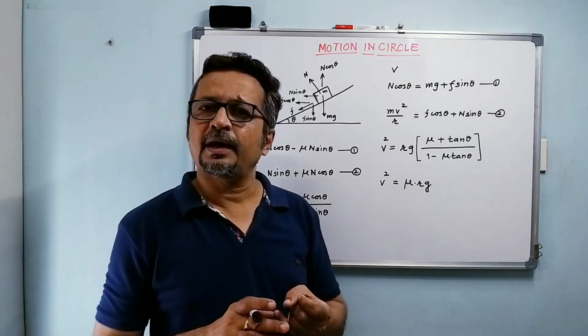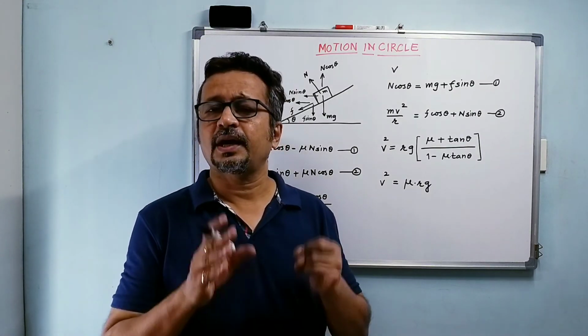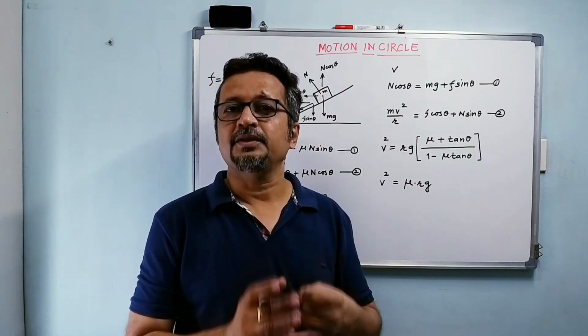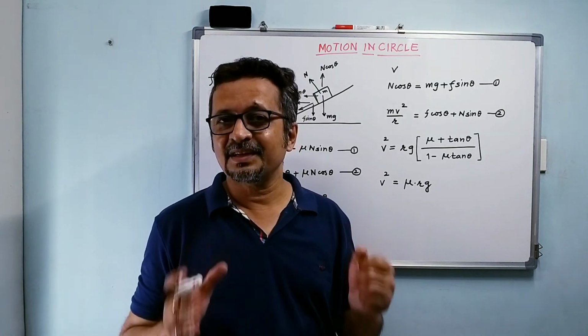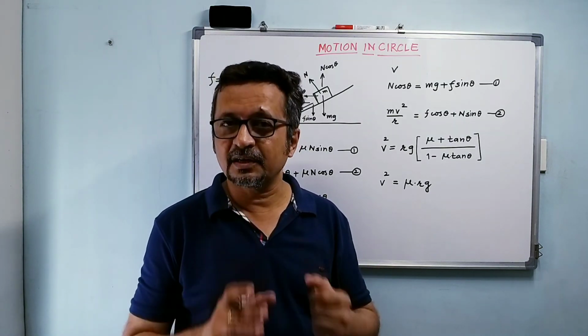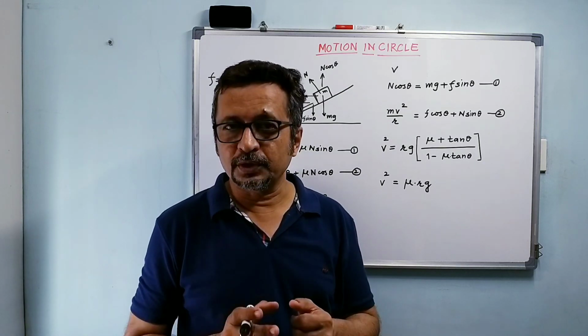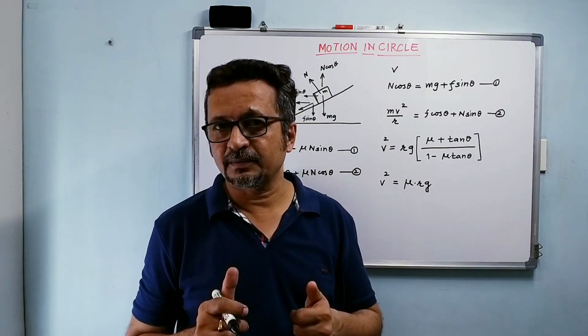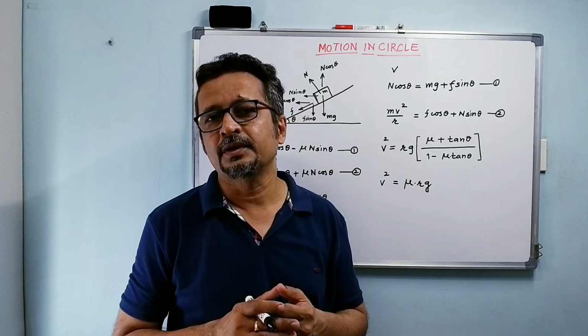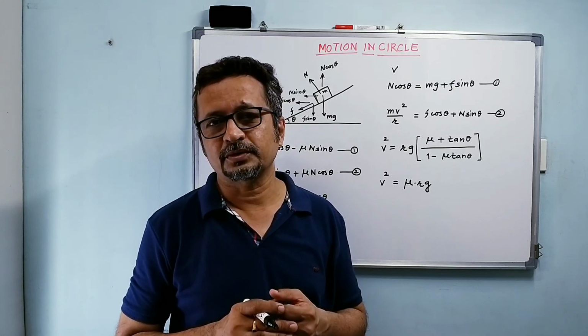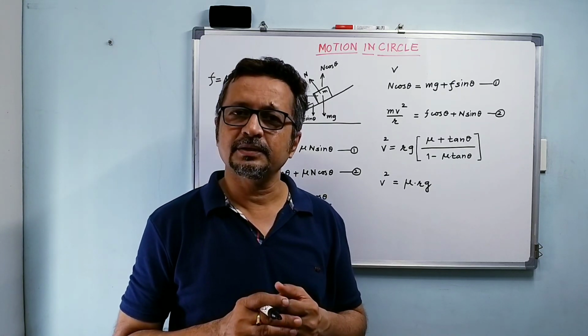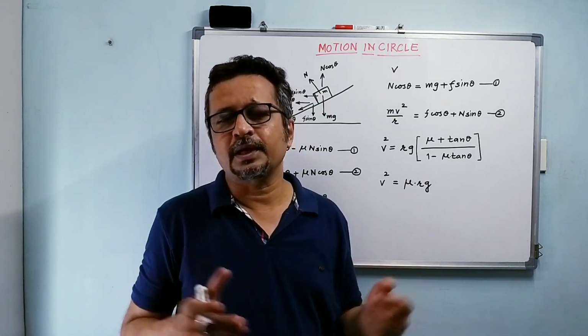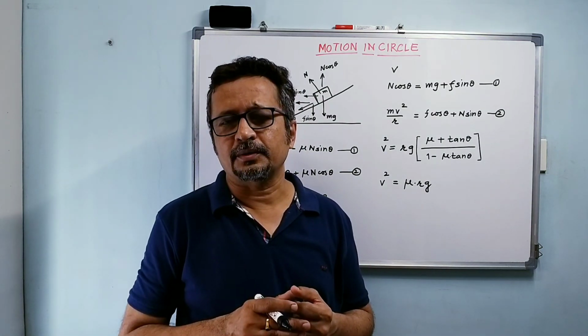But when you have some coefficient of friction and banking, then the speed with which you can safely drive along that curved banked road is greater, correct? So that is the beauty of this banking of roads. We will be applying this in some numericals to come. Thank you.